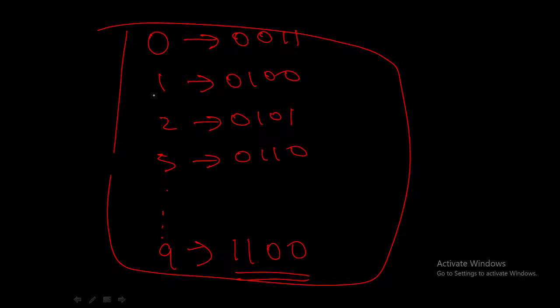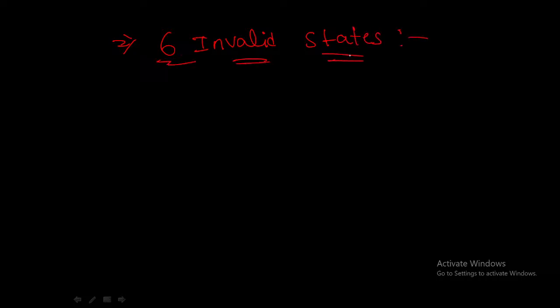And if you observe carefully, XS3 code also has 6 invalid states. What are those?